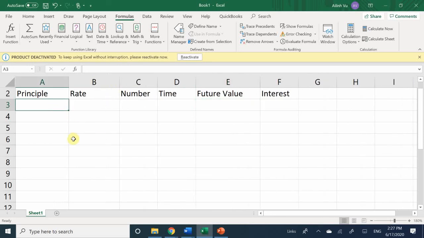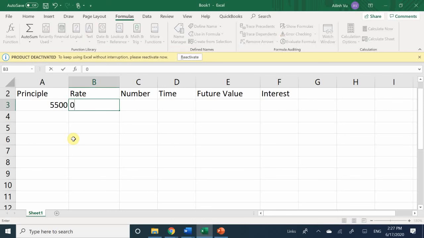So first off, let's talk about how much the principal was. How much was the bank loan for? Principal's 5,500. And what was the interest rate? 6.25%.